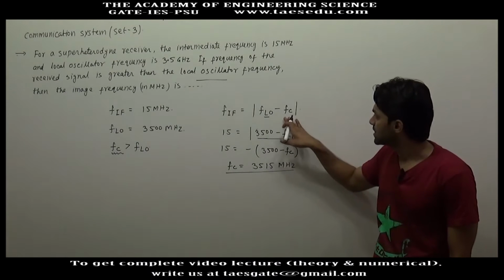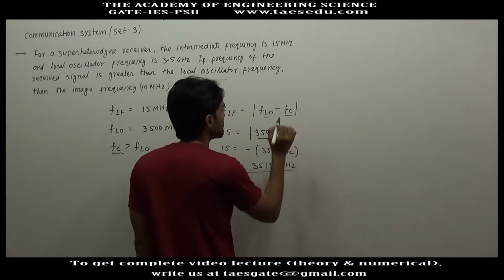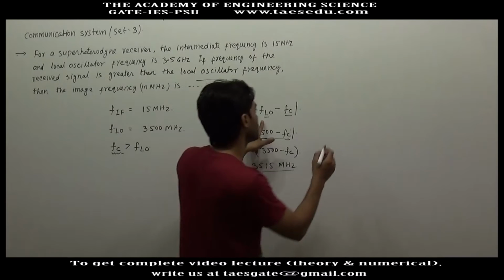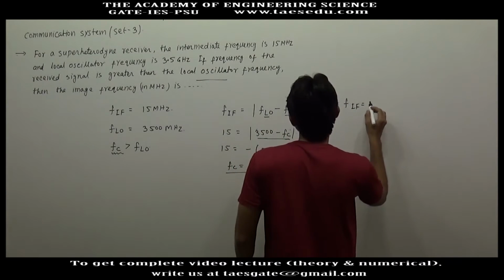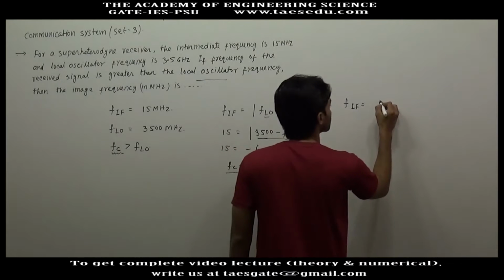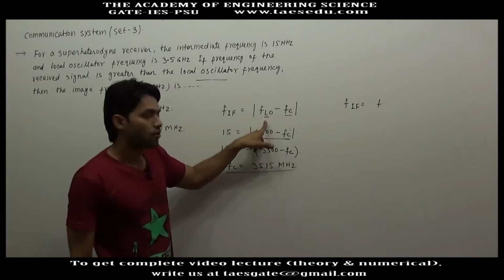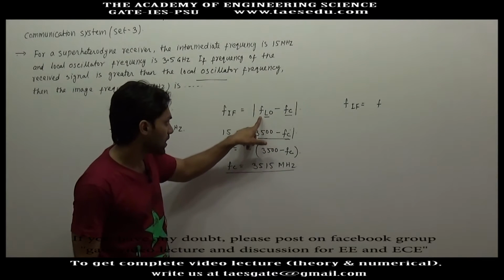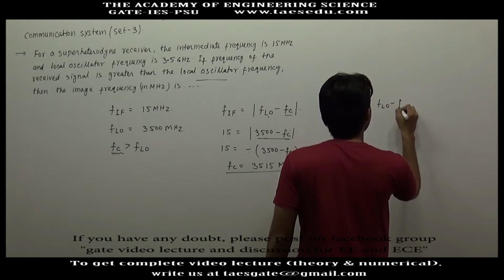If Fc is lower than the local oscillator frequency, this quantity will be positive, so while taking it out of the modulus there is no need to add a negative sign.